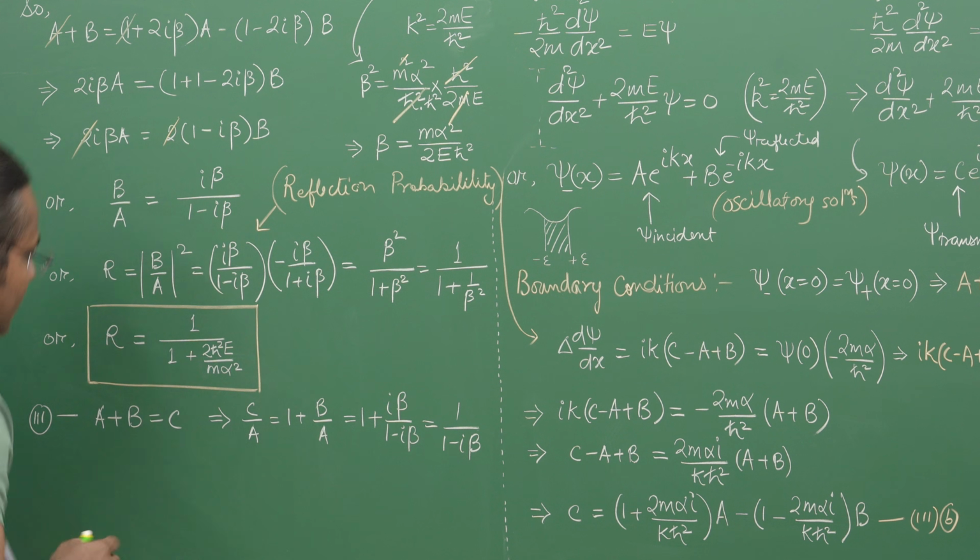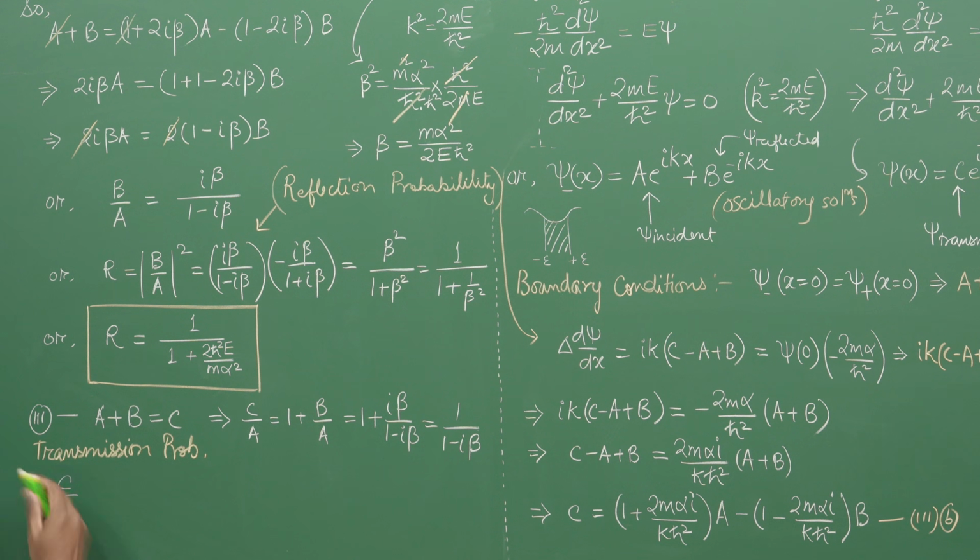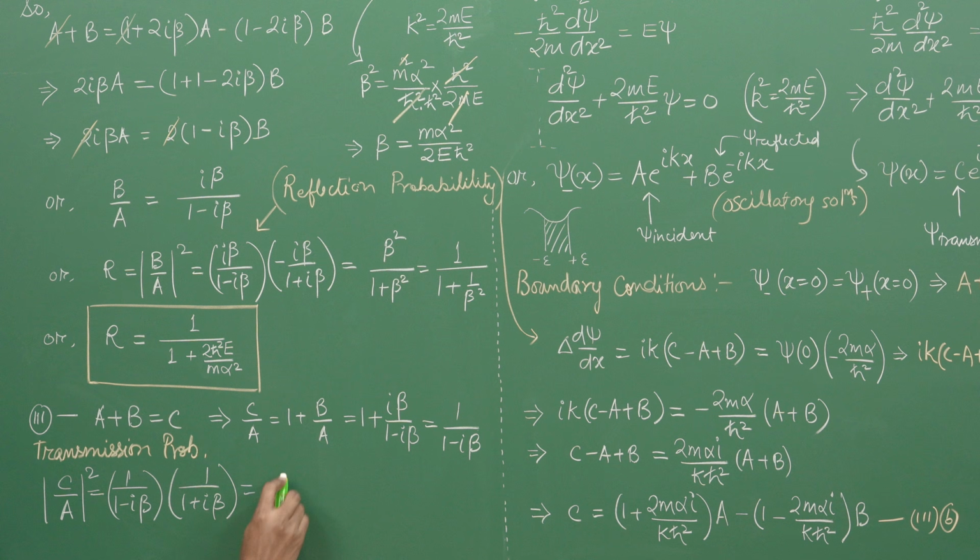So finally we also have the transmission probability, c upon a mod square, but let me first find out c upon a. So this is nothing but 1 upon 1 minus iota beta, right? And if I do a mod square, then this essentially becomes this times 1 upon 1 plus iota beta, which is nothing but 1 upon 1 plus beta square.